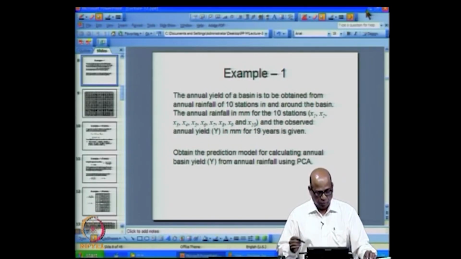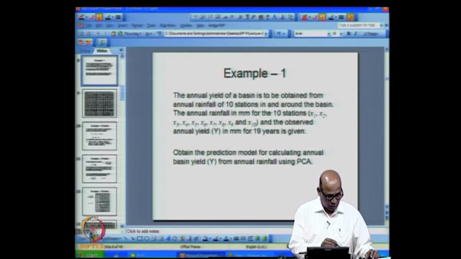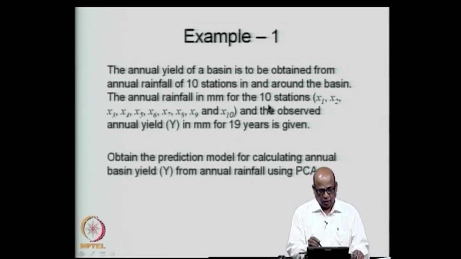So, let us see how we do that in the example. You have annual rainfall at 10 stations. These rainfall values we denote as x 1, x 2, x 3, etcetera up to x 10. So, there are 10 stations, and you have 10 variables associated with it.